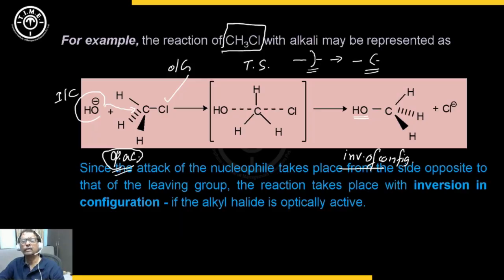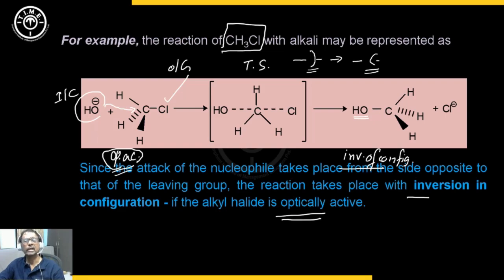Now, since the attack of the nucleophile takes place on the side opposite to that of the leaving group, there is an inversion of configuration, but this is used only when the alkyl halide is optically active. So start with an alkyl halide which is optically active, and that will undergo inversion of configuration in the SN2 mechanism. I hope this is clear. We have also understood the differences between SN1 and SN2, right?